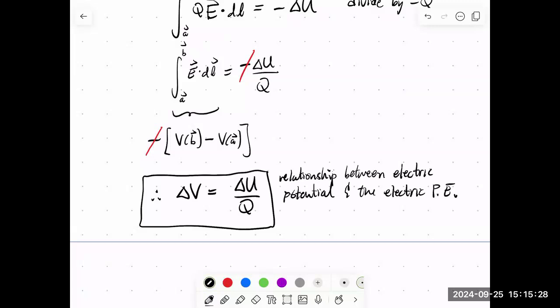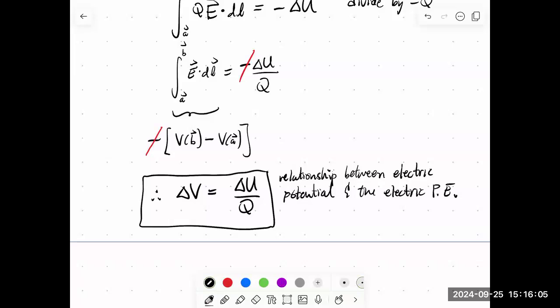It's unfortunate that the names of these two quantities are so similar. It leads to confusion, but you have to distinguish between electric potential or voltage and potential energy measured in joules. They're obviously related, just by this factor of Q, but in the language, you have to be careful whether you're talking about electric potential as in a volt or potential energy as in something measured in joules.